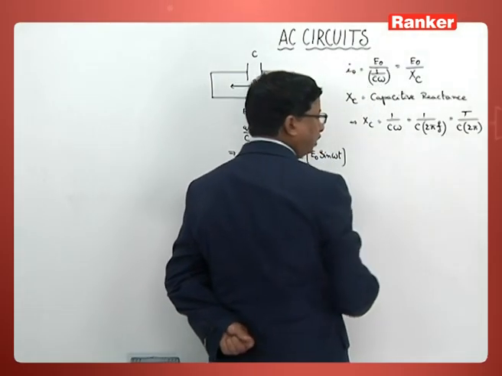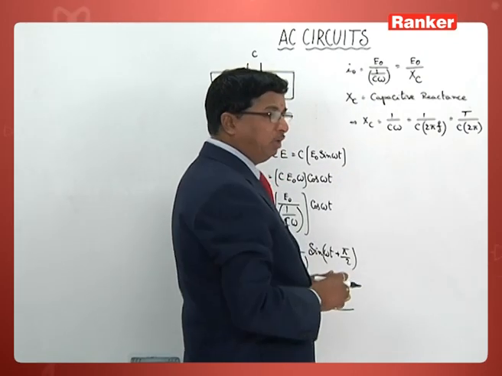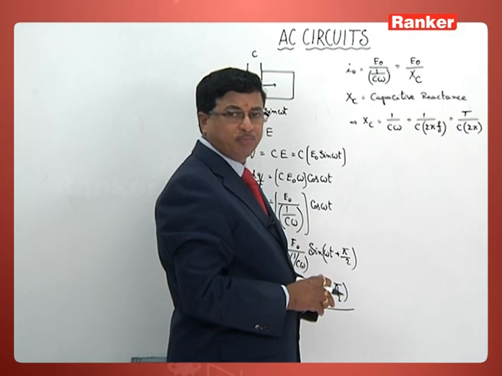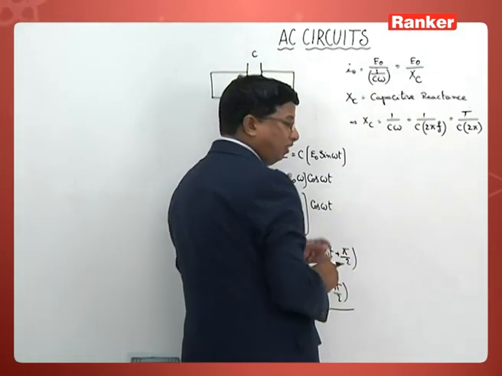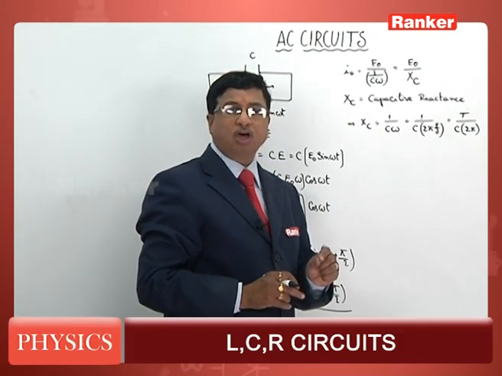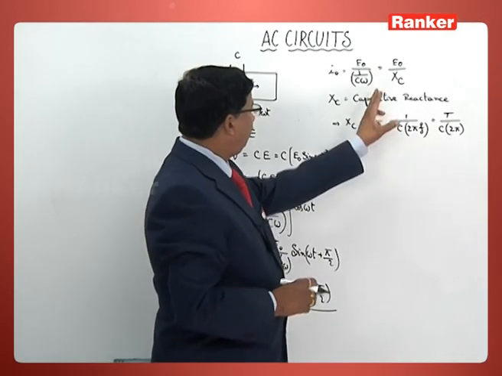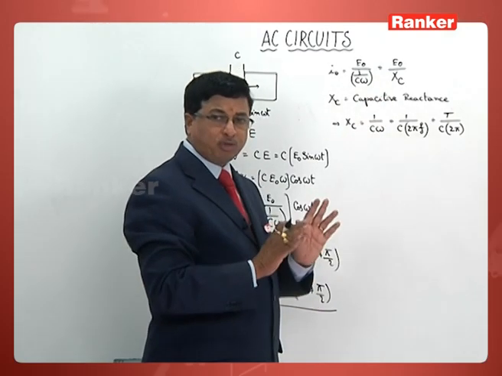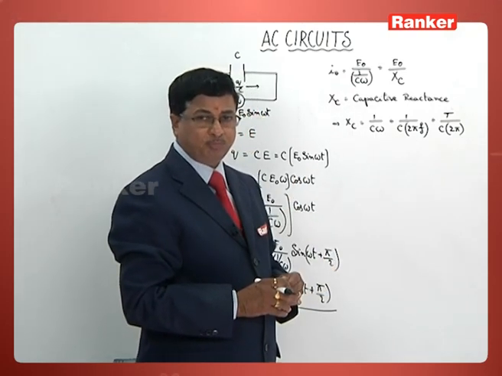In fact, omega can be written 2 pi by t, where t is said to be the time period. So you can even write it this way also, and XC will have the same units and dimensions of resistance as such. So this is the importance of XC, one should remember, which is called capacitive reactance.